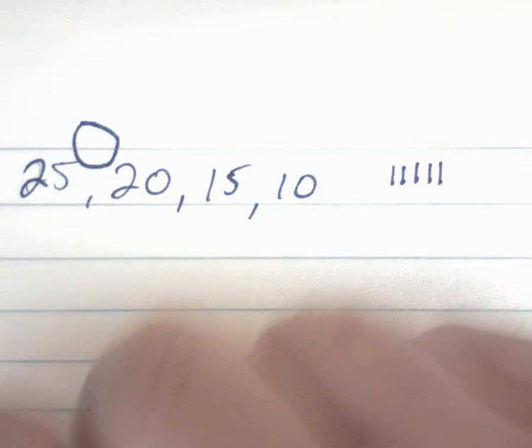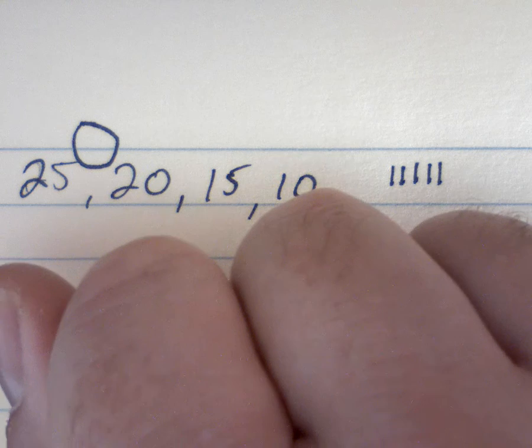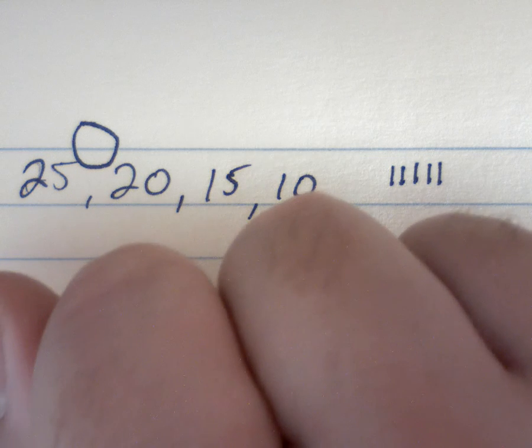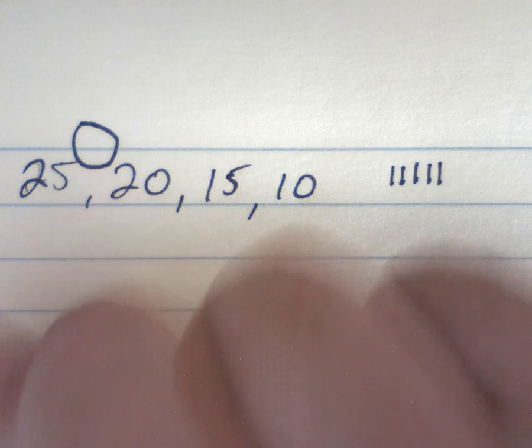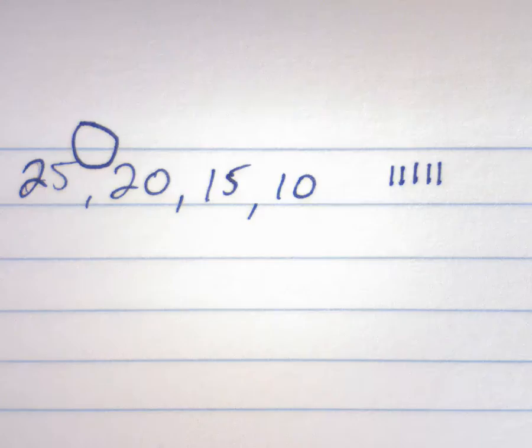Or if you're using the hand method, what you would want to do is try and get all your fingers in there. Now I don't know if you're going to be able to see this or not, but you would start with your fist closed, okay? Start with your fist closed, and that would represent 25. And then you go 24, 23, 22, 21, and then my whole hand is out, which represents 20.